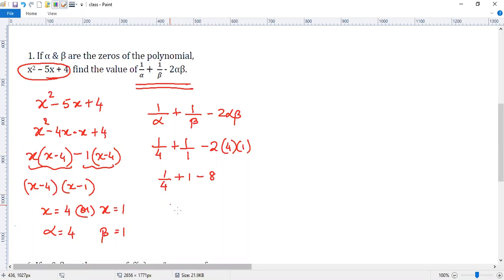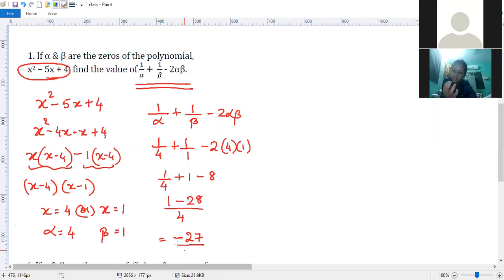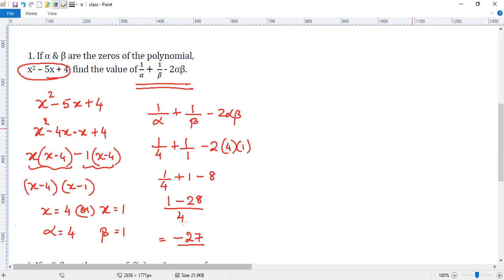So it will be 4 in the denominator, and minus 7 in the numerator. Taking the denominator 1 and 4 times, minus 7 becomes minus 28. So what is the answer you will get? Minus 27 by 4. Right? Minus 27 by 4.